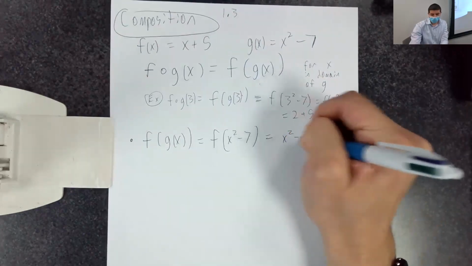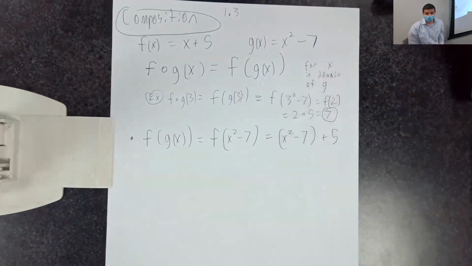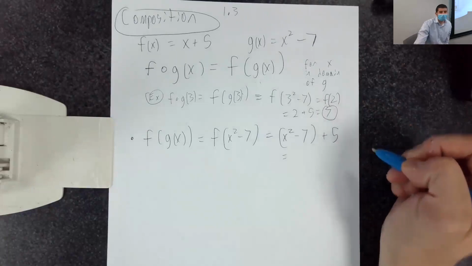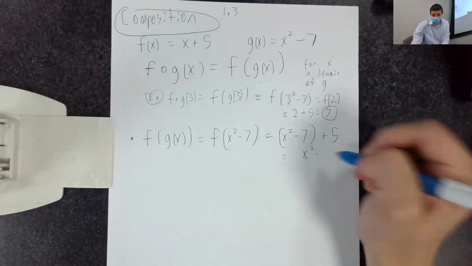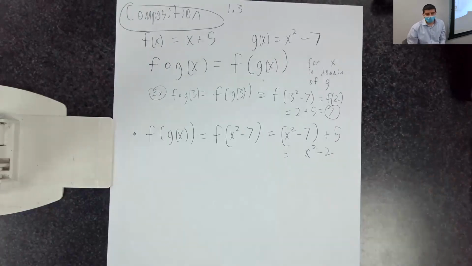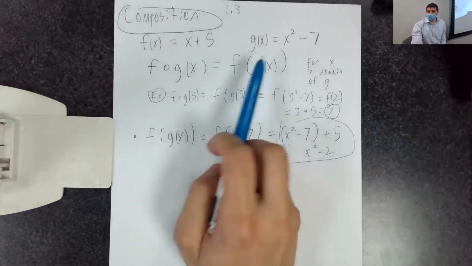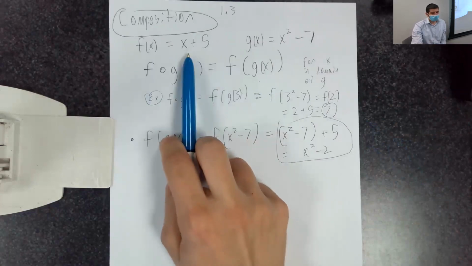So it's x squared minus 7 plus 5. Oh, you want to simplify it? If you like simplifying it, you can simplify it. But either way, you see how we're plugging g inside f. That's the input for the x, so this x is getting replaced by the function g of x.